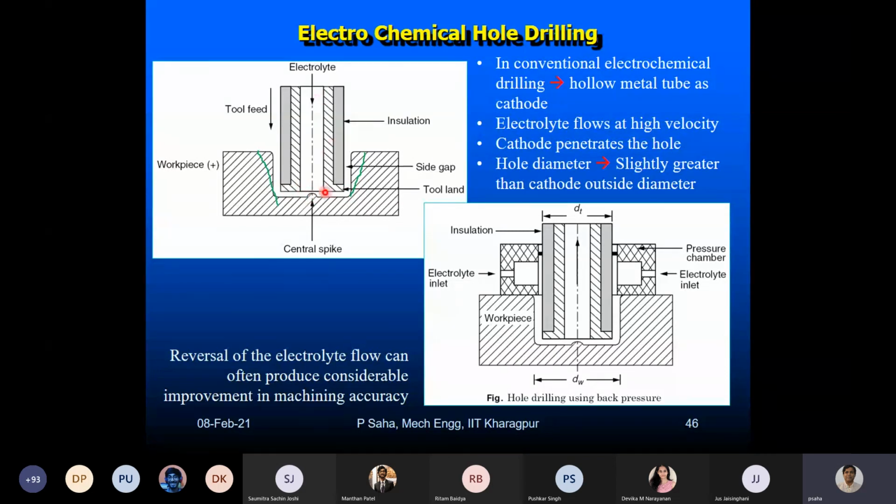As the tool comes down, all other portions of the job get machined, but centrally there will be a small spike which will not be machined at the same rate as the sides. Maybe due to stray effects, some portions will get machined like this. So the central spike is available.